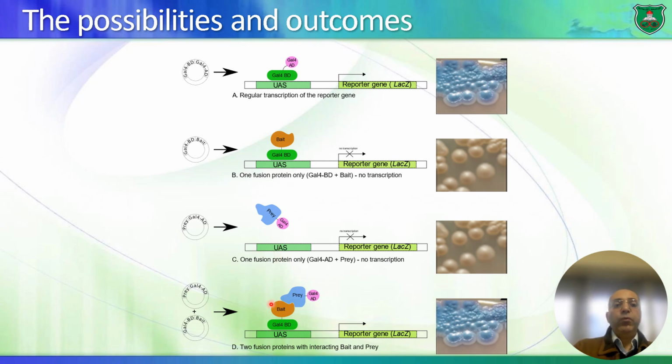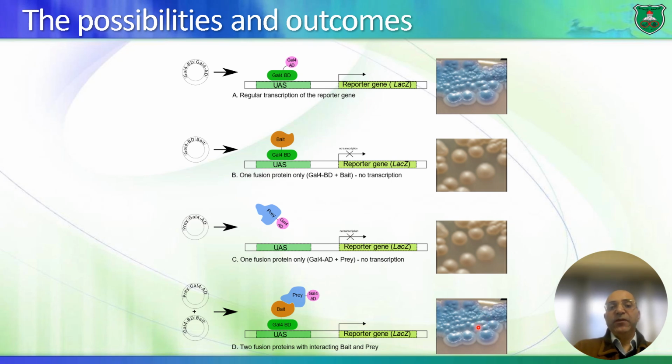But if we produce protein X and protein Y, and these two proteins can interact with each other, with the DNA binding domain being part of protein X, and the activation domain being part of protein Y, then these two would be close to each other. The activation domain and the binding domain, we're going to have expression of LacZ, production of beta-galactosidase, conversion of X-gal into a blue product, and the colony would look blue.